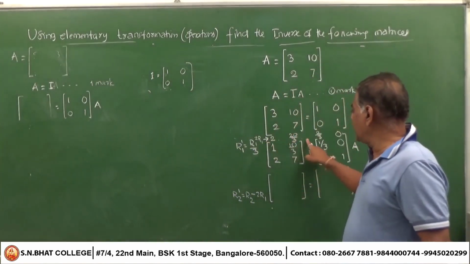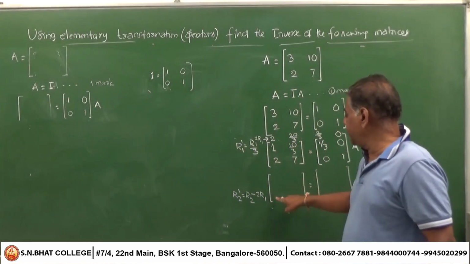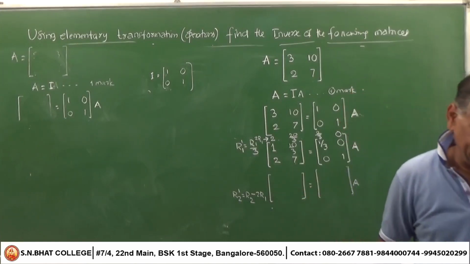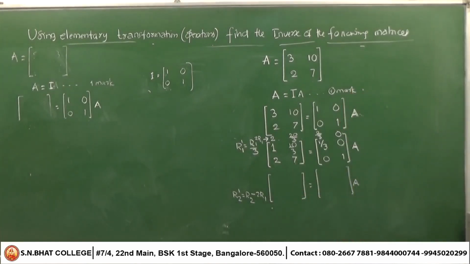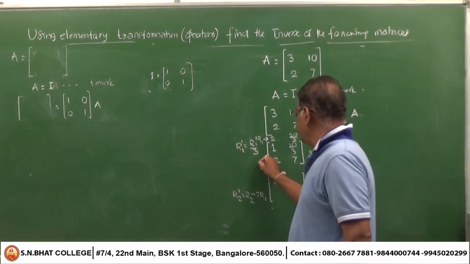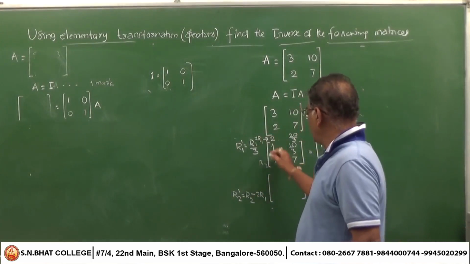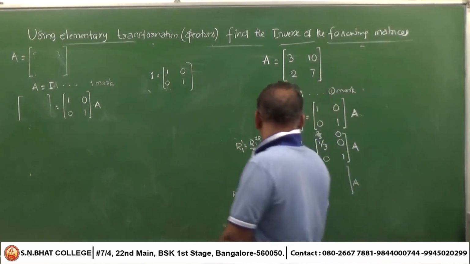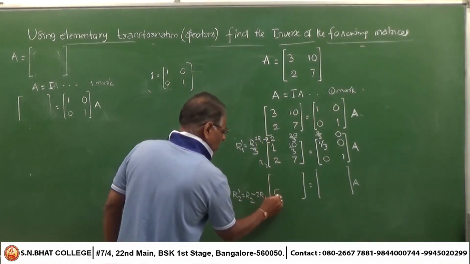R2 is this one, 2R1 is this one. This minus this becomes 0 in the second row first element. This is R2, this is 2R1. 2 minus 2 becomes 0.